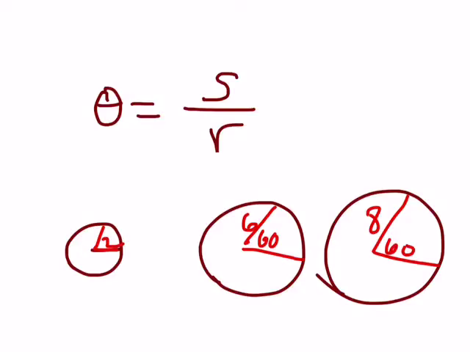Well, if you do the arc length to the radius, and the arc length to the radius, and the arc length to the radius, if you do that ratio, it's all going to be the same angle. It's going to be the same measure. Okay, so that's what ends up happening, because all circles are similar. That ratio is going to be equal, and we define it as a radian measure.